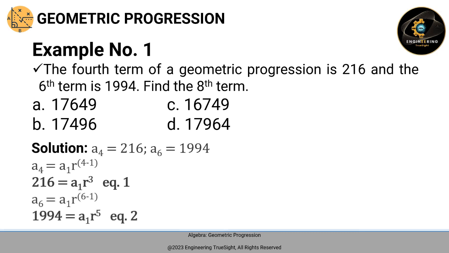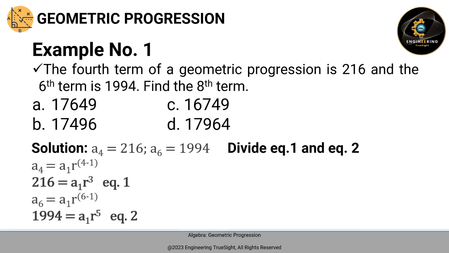For solving equation 2, where a sub 6 or the sixth term is equal to a sub 1 times r to the power of 6 minus 1, where a sub 6 is equal to 1994, is equal to a sub 1 times r to the power of 5. That is our equation 2.